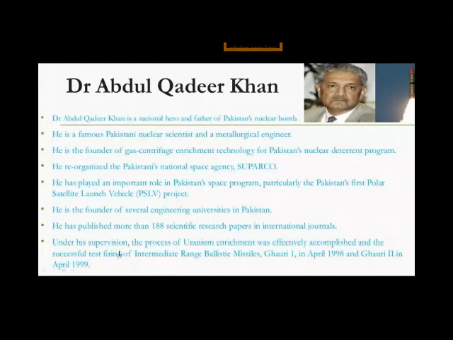Now, under his supervision, the process of uranium enrichment was effectively accomplished. It means we do not have to purchase uranium from other countries. We get it in Pakistan by gas centrifuge enrichment, and we are able to use this uranium in, we can say, the atomic bomb.